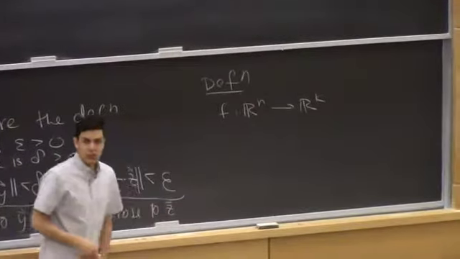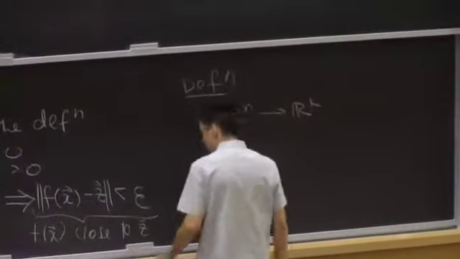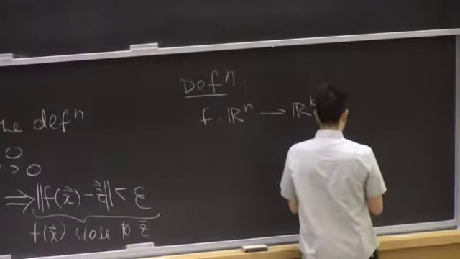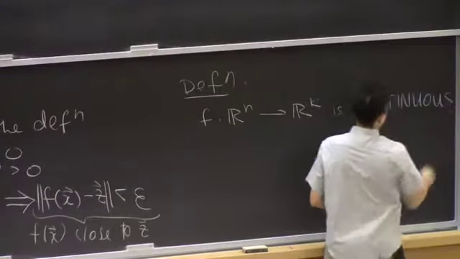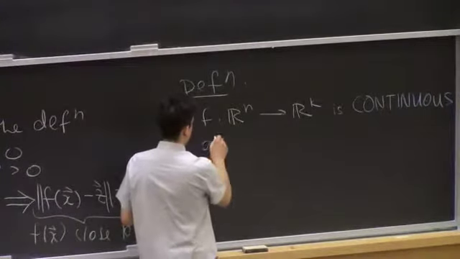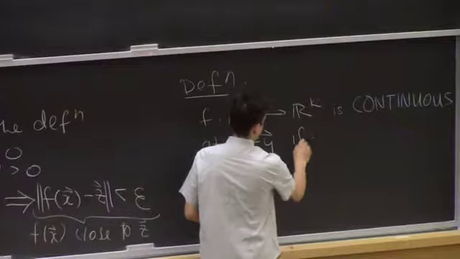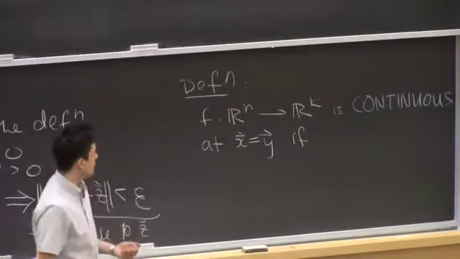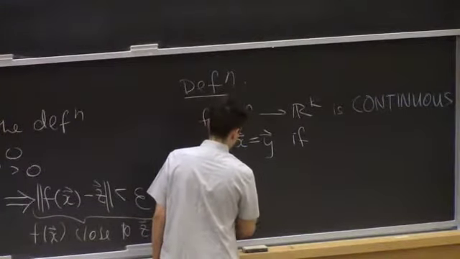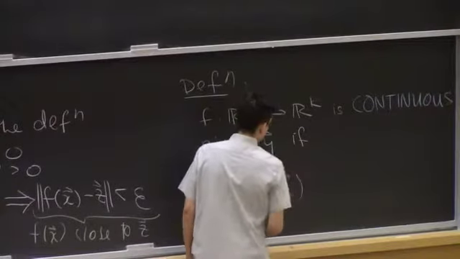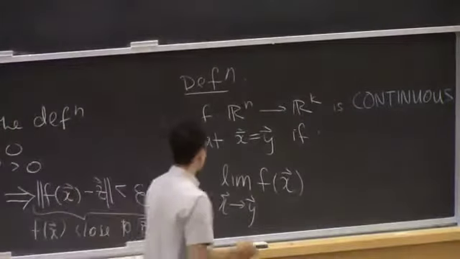If we've got a function that goes from n-dimensional Euclidean space to k-dimensional Euclidean space, we say this function is continuous at x equals y if the limit as x approaches y of the function is equal to the actual value of the function at y.